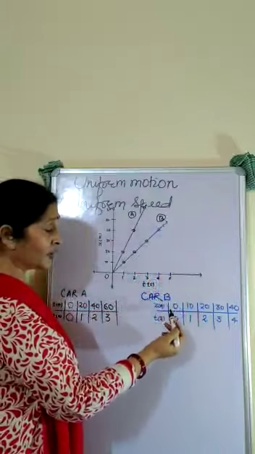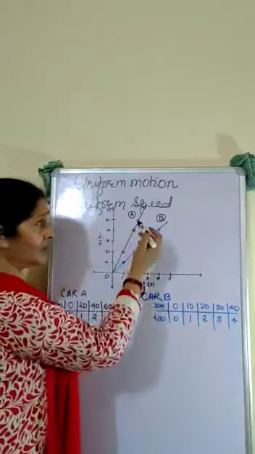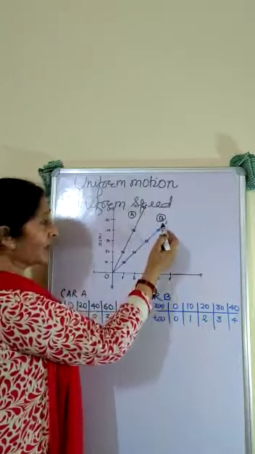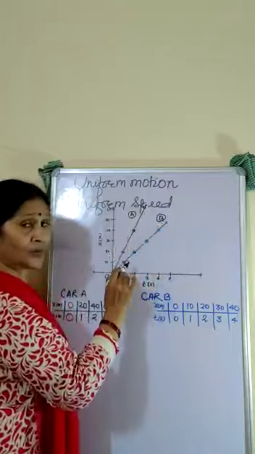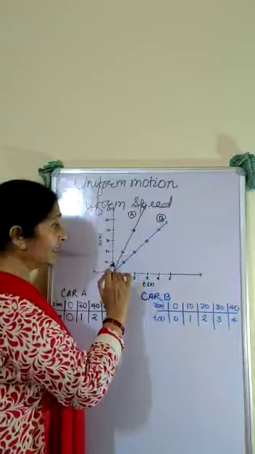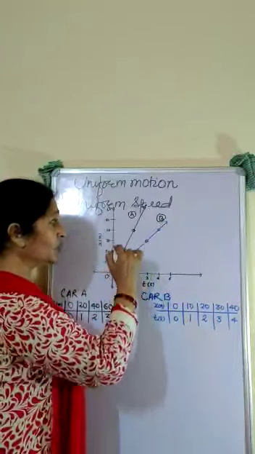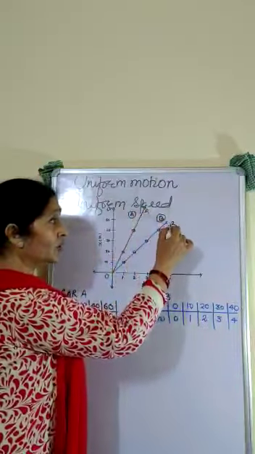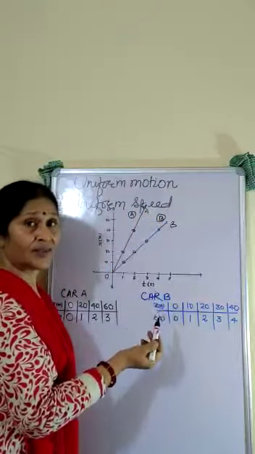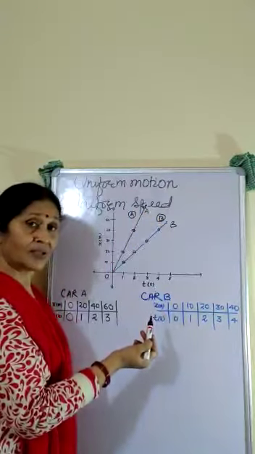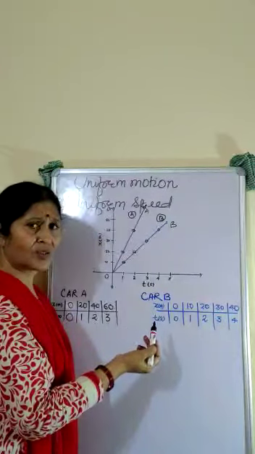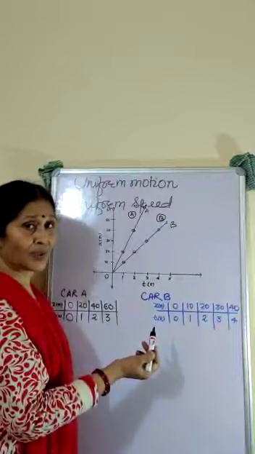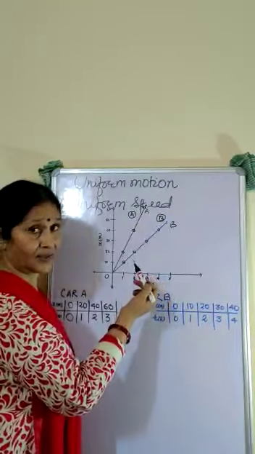So we have written here car A and car B. Now we will find out the slope of these graphs, lines OA and OB, and on the basis of that we will decide which one is moving faster or which one is going slower. So let us first find out the slope of the graph with the help of this graph.